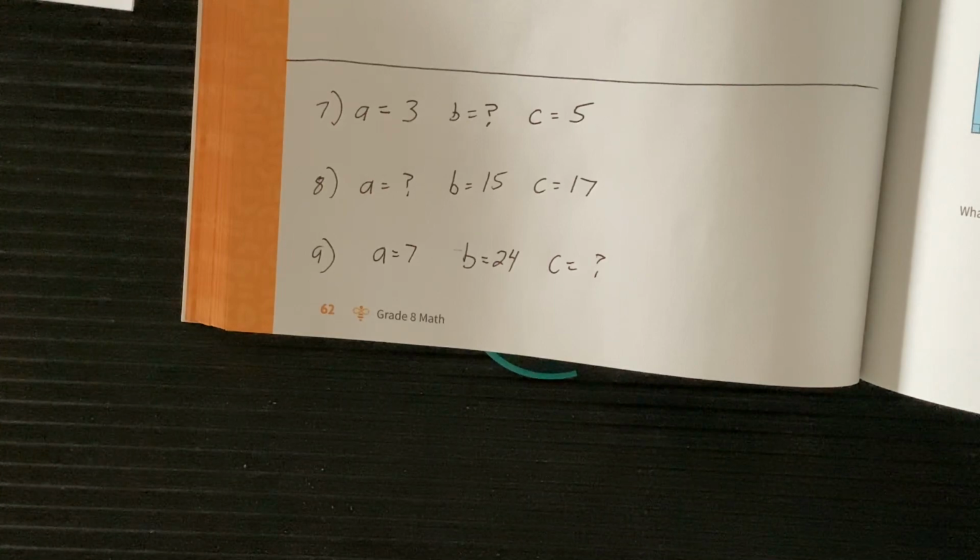Are you gonna do 7 for me? You wanna do 8? Okay. I think 7's easier, but you can do 8. You think 9's easier? They're all easy. Gerhard, you gonna do 7 for me?